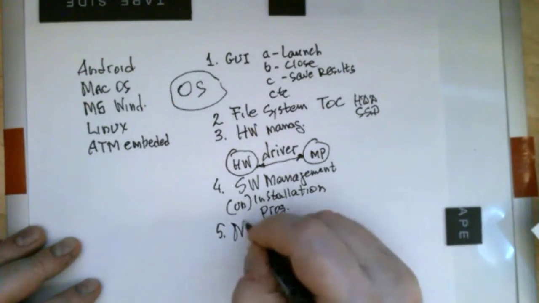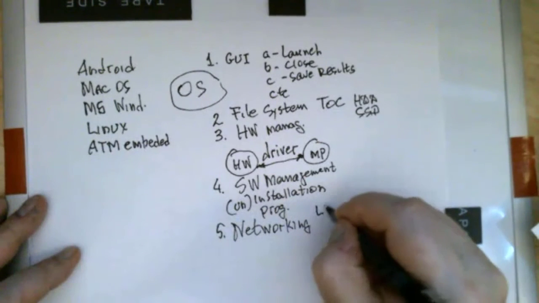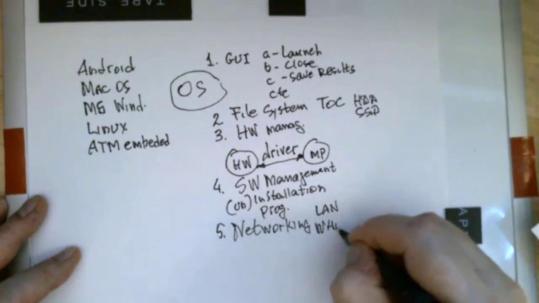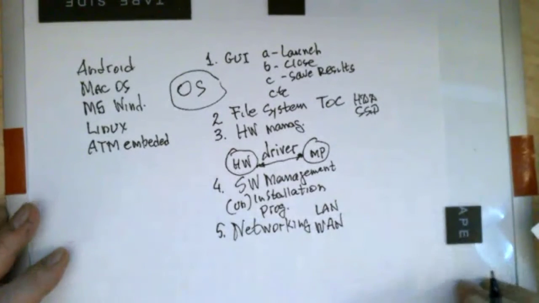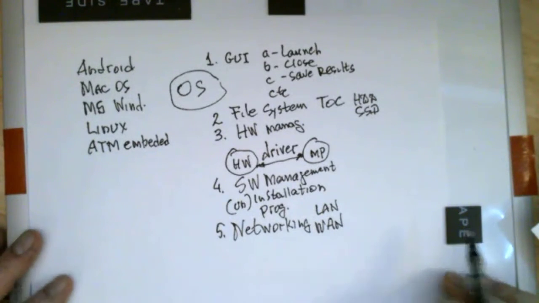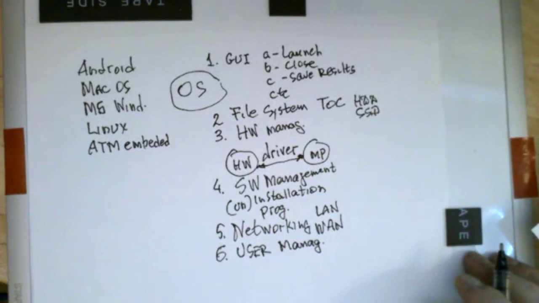Number five, networking. Folks, that could be a local area network or a wide area network. We will study all of these functions, which are functions of the operating system, communication functions. Six, user management.